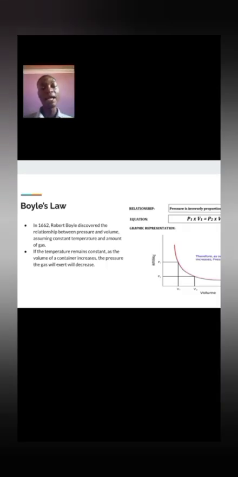In Charles' law, the pressure was constant, but here the temperature is constant. Boyle's law shows us how the pressure affects the volume of a gas if the temperature is constant.